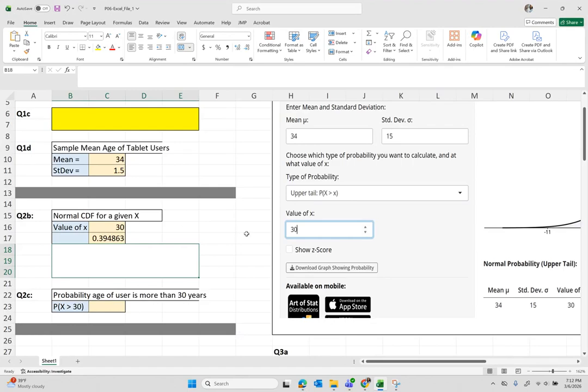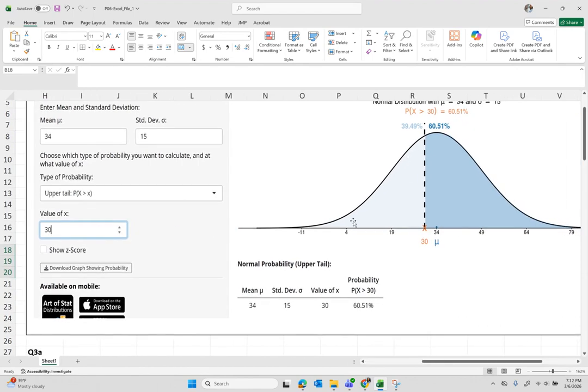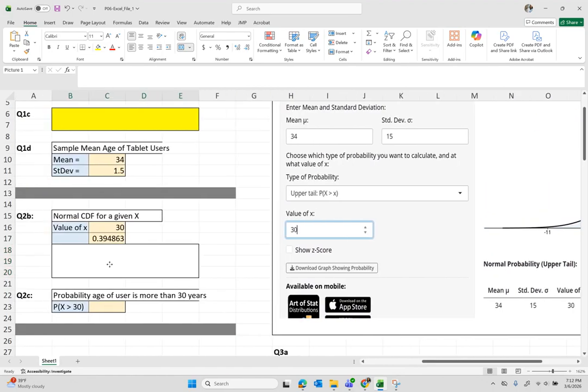Because the CDF of a value of the variable actually gives us the area in the lower tail. So what we did obtain is this other probability of being less than 30, 39.49%, or 0.3949. So what you want to write here is that the CDF produced in Excel actually gives us the probability in the lower tail.